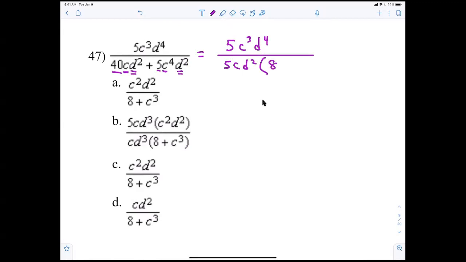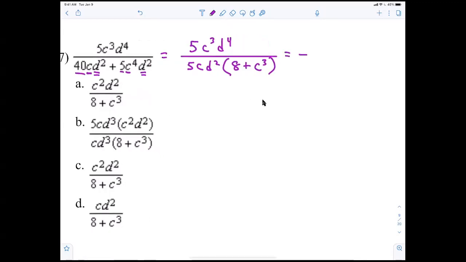And does everybody agree we pulled out the C and the D squared, so nothing's left? Plus, I pull out a 5, there's nothing left. I pull out a C and there are what? 3 left. Is there a D left? Nope. So now if you're looking at this, the 5 cancels. C squared left on top, D squared left on top, and 8 plus C cubed on the bottom.